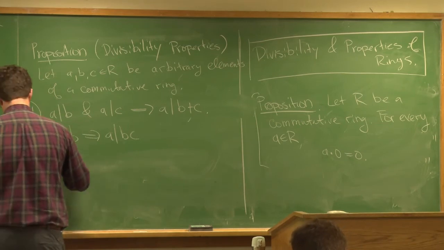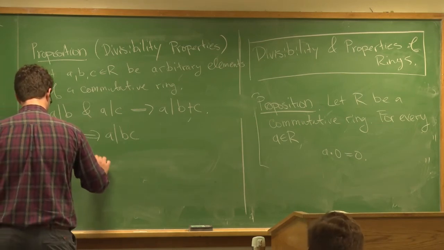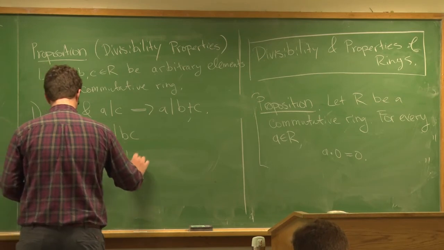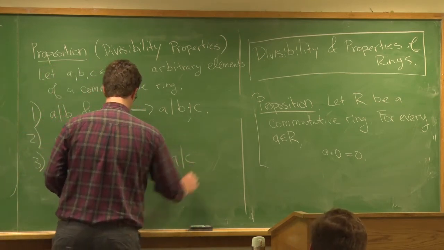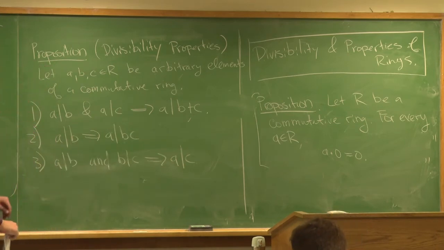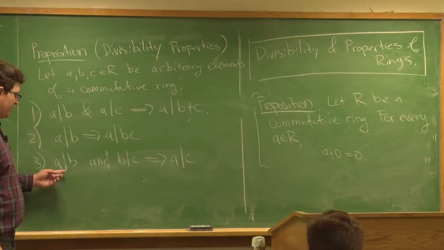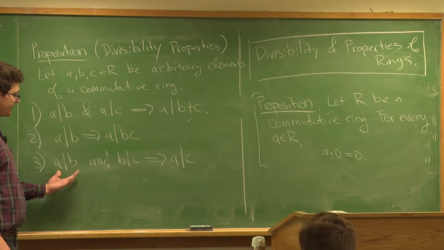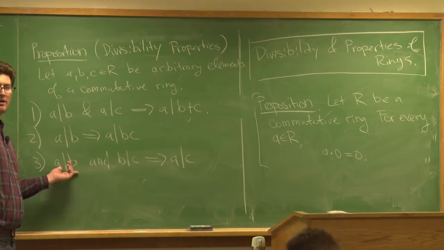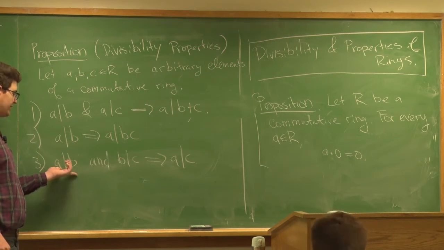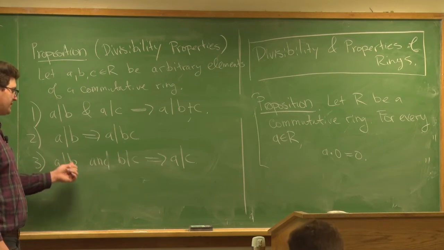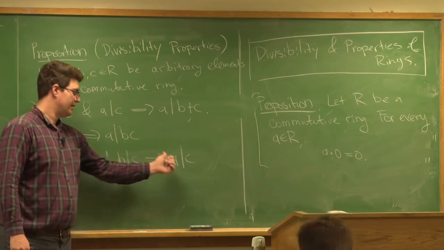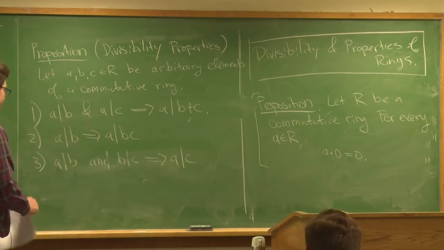Three, A divides B and B divides C implies A divides C. This property is called the transitive property. Here, this divides thing is really like a relation R of x, y. It takes two things and spits out true or false. So this is saying if A is related to B and B is related to C, then A is related to C. That's what we call the transitive property.